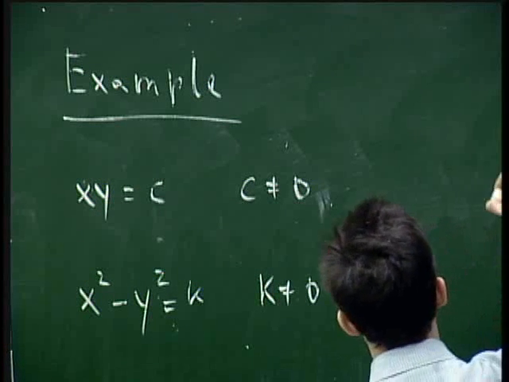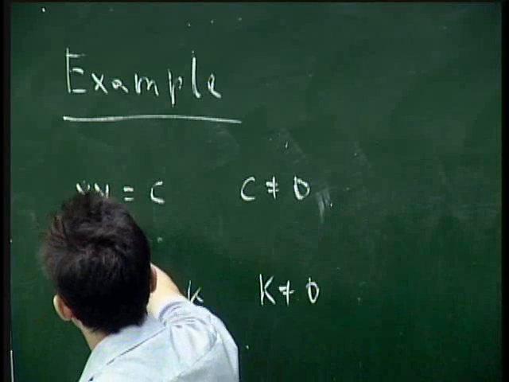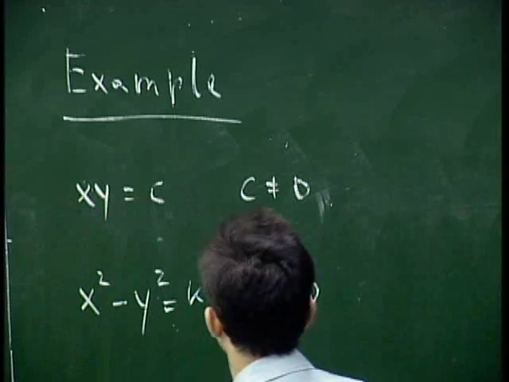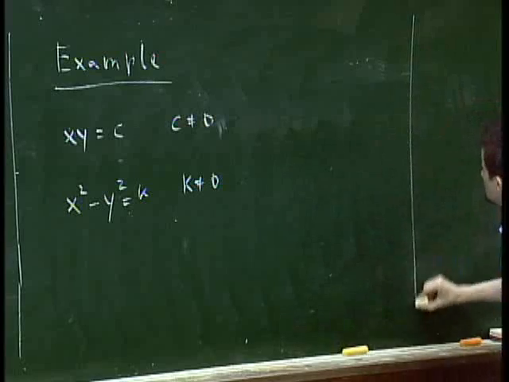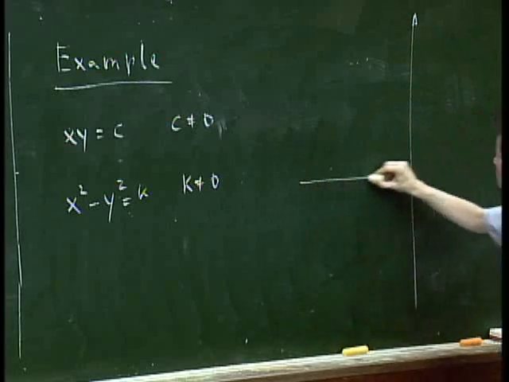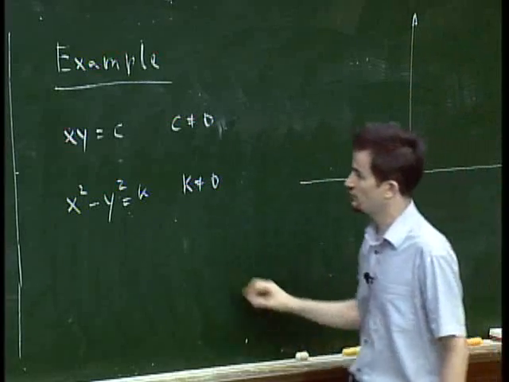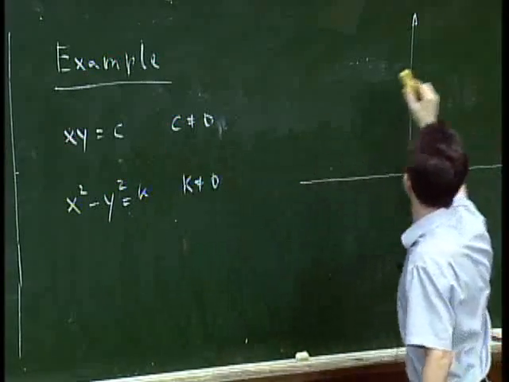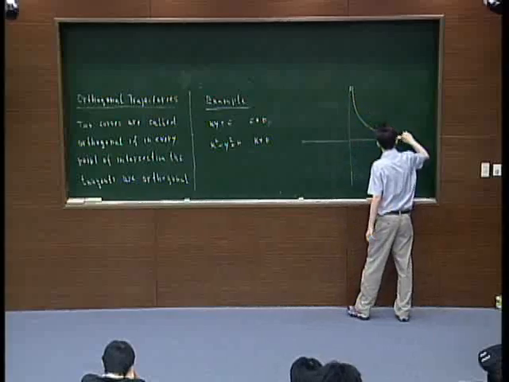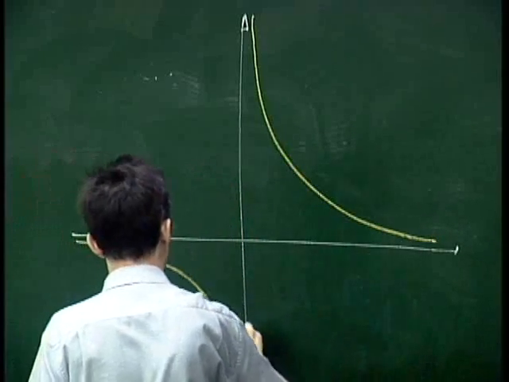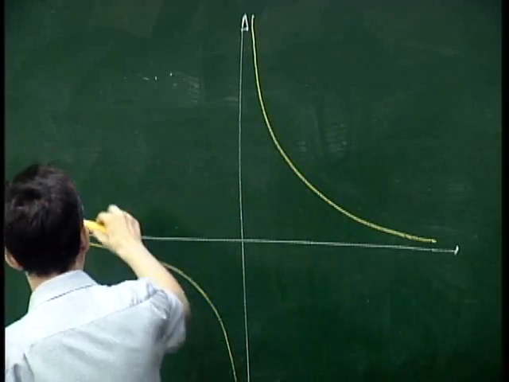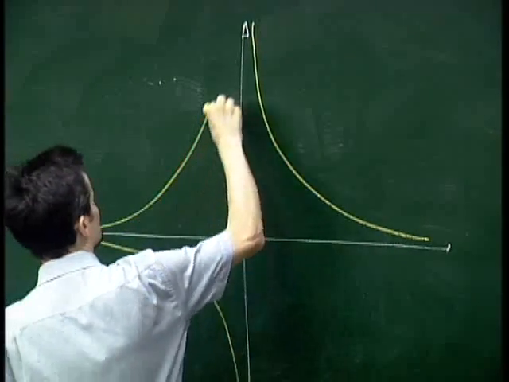Suppose the first family here is described by this parameter c, and if c changes, you get different curves. For the first one, for instance, the case where c is equal to 1, we get this one here. And then similar curves if you change the parameter c; if c is negative, you also get this one.